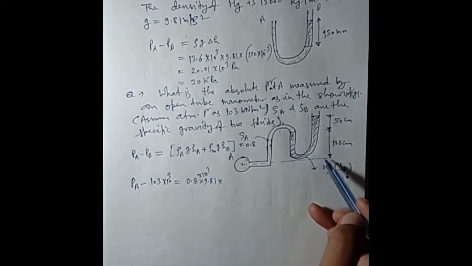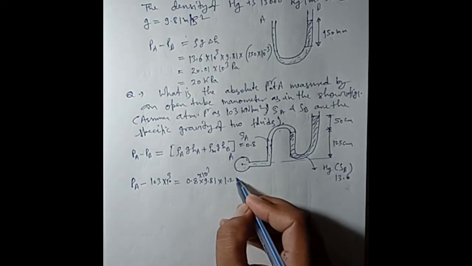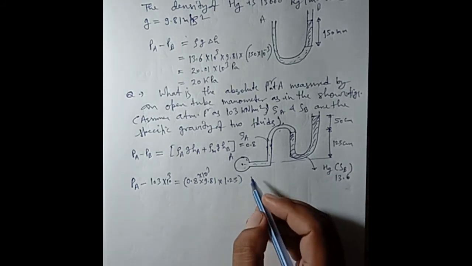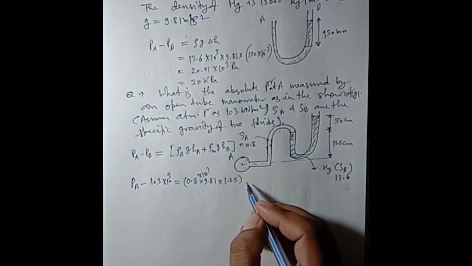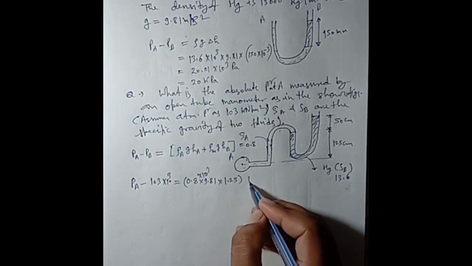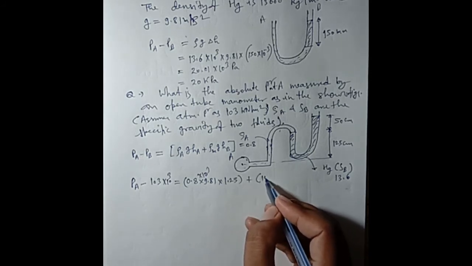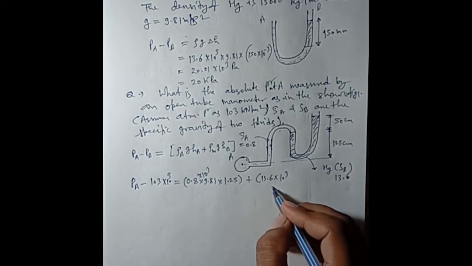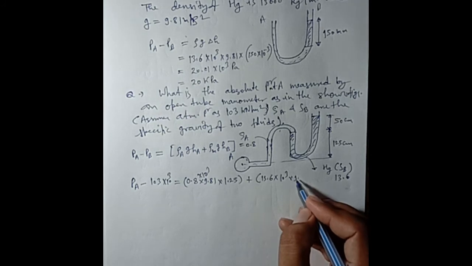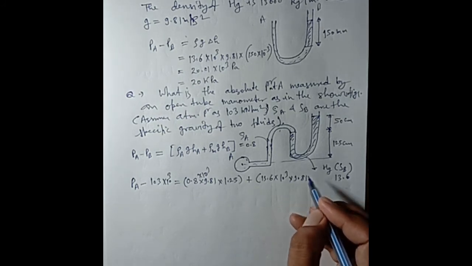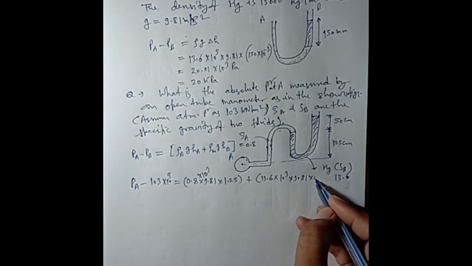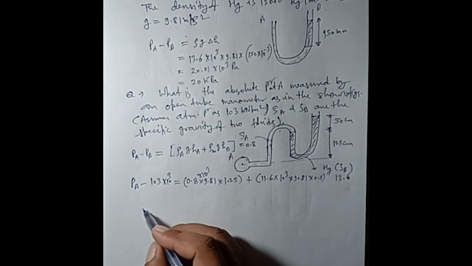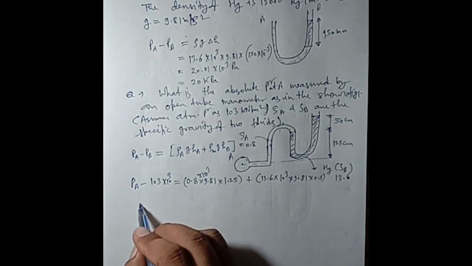HA is 1.25 meter, okay, and plus 13.6 into 10^3 into 9.81 into 0.5. Calculate these.